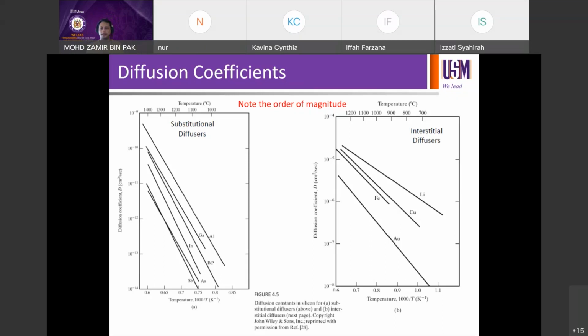Which one has higher diffusion coefficient? Left hand side or right hand side? Substitutional or interstitial?